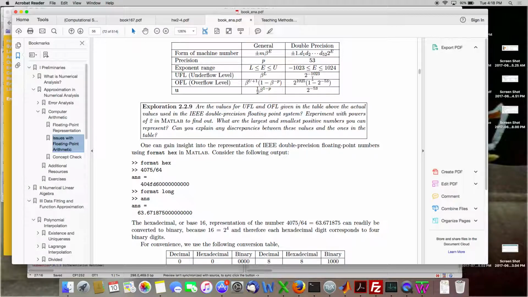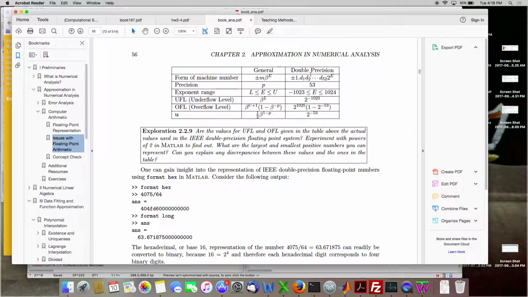All right. So the way I've come up with this floating point system, the one that's given in the table, for the exponent range and the precision, is if you allocate the same amount of storage for each part of a floating point number: one bit for the sign, 11 bits for the exponent, 52 bits for the mantissa.